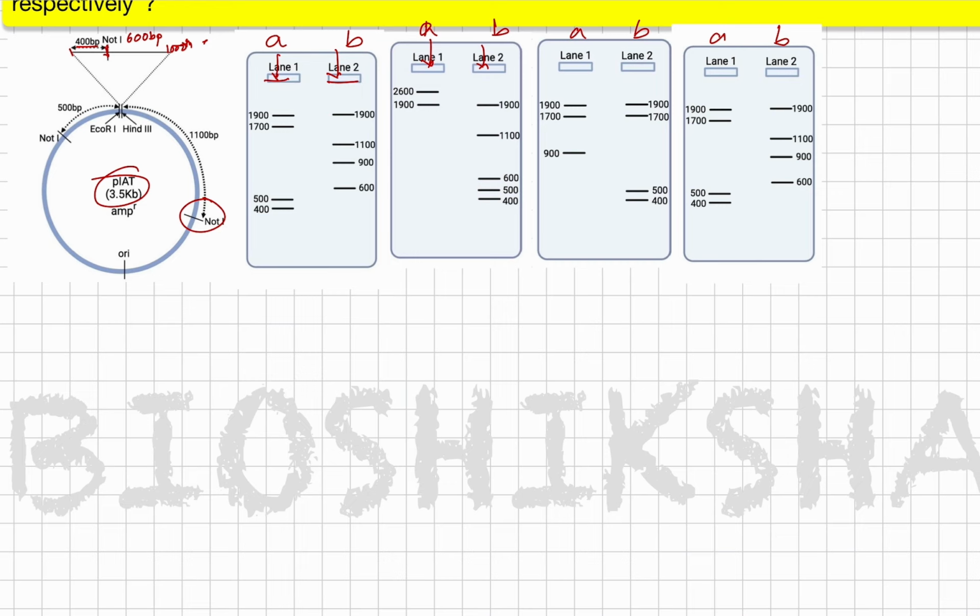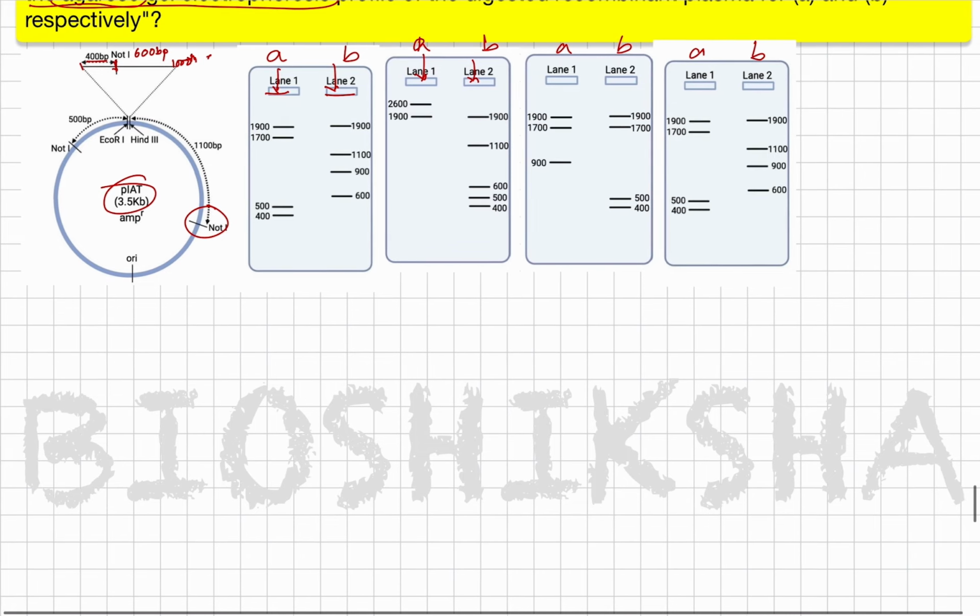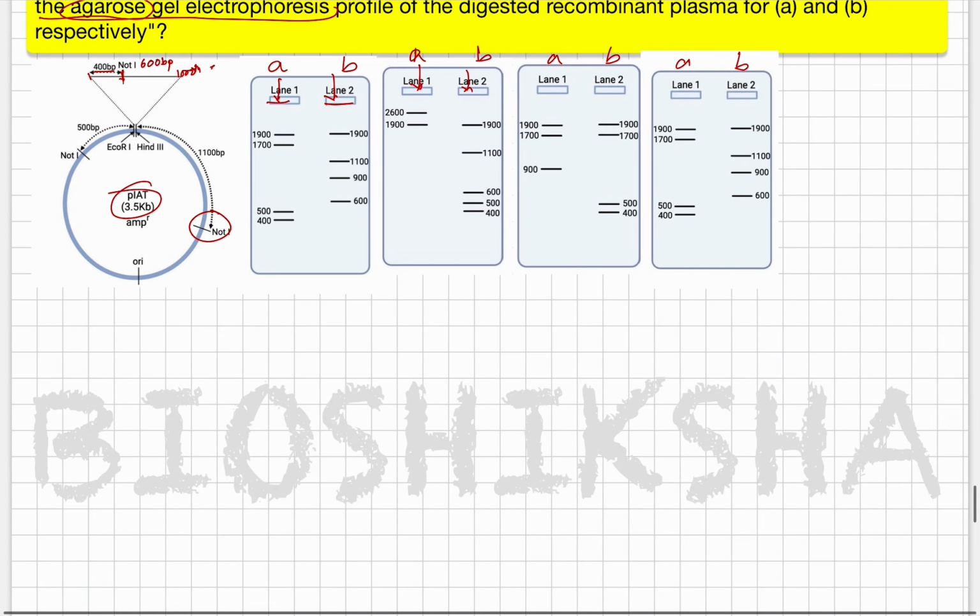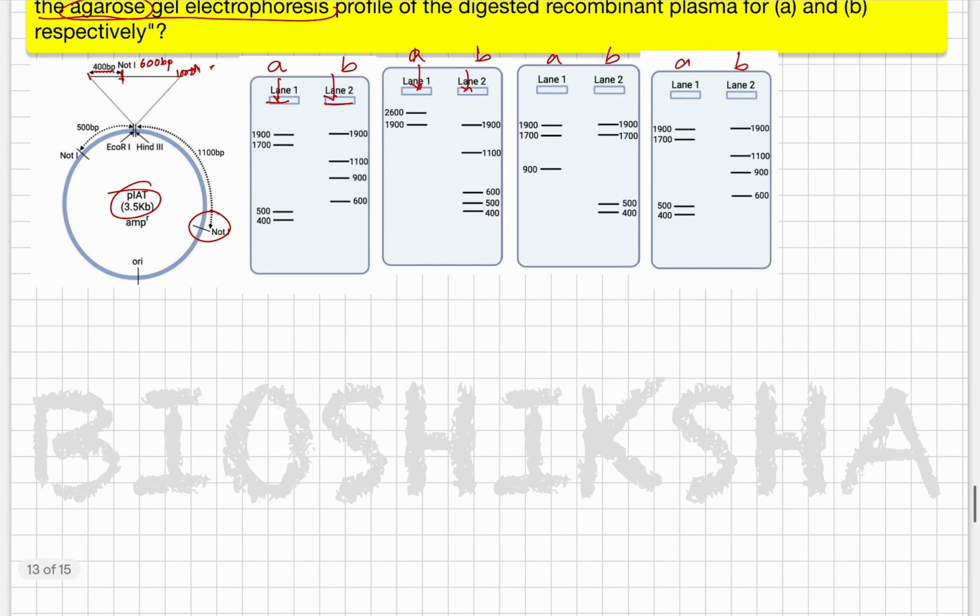Okay, now first we'll see the size of this recombinant DNA. The vector, that is the plasmid, has 3500 base pair, and the insert is of 1000 base pair, which makes up 4500 base pair.